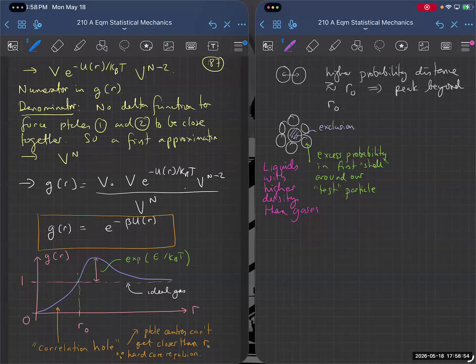No, it's a measure of the enhanced probability of being at a certain distance, depending on these interactions. If I've got a particle here and a particle here, and I ask what is the probability of having a particle here and a particle here, it's not that the probability is zero. The probability is just a number which doesn't depend on distance. And the way we've normalized it is such that that number is equal to 1. Does that answer your question?